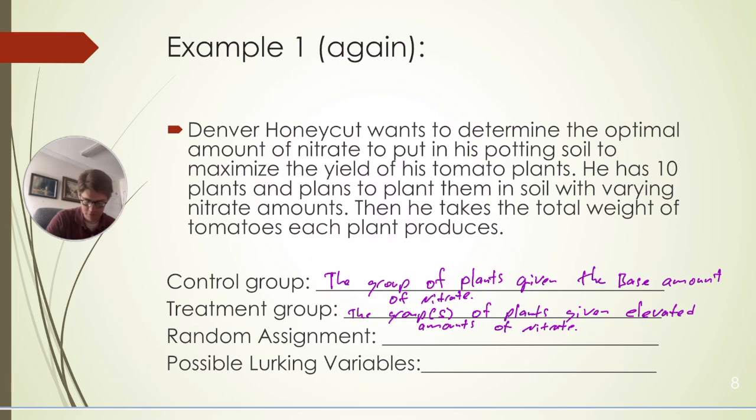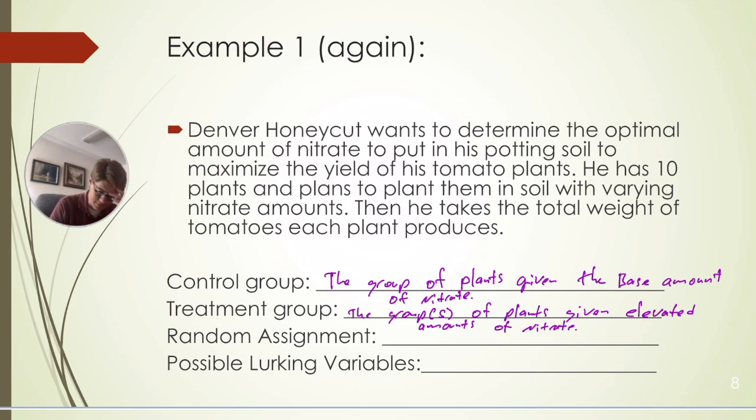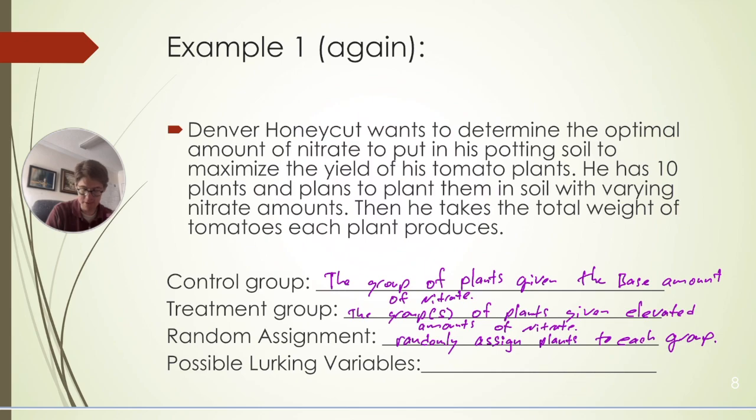So you could have more than one treatment group, depending on the different levels of nitrate that you're interested in testing. You could even have one where you try to remove nitrate from the soil, or you get soil that's nitrate depleted. The random assignment here would be randomly assign plants to each group.